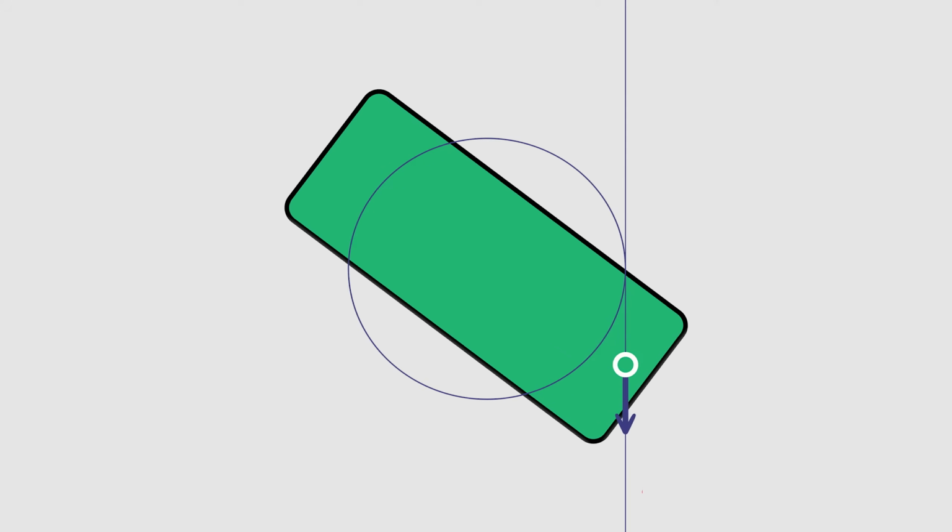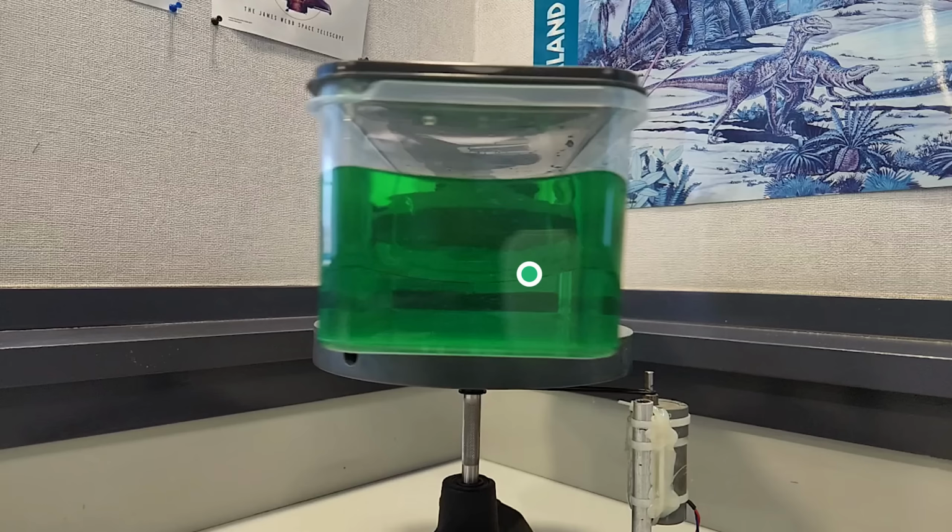However, because the particle encounters the wall of the container, which applies a force to it, it has nowhere to go but up. The force the container applies to the water is acting as the centripetal force, where centripetal means centre seeking, because this force always points towards the centre.